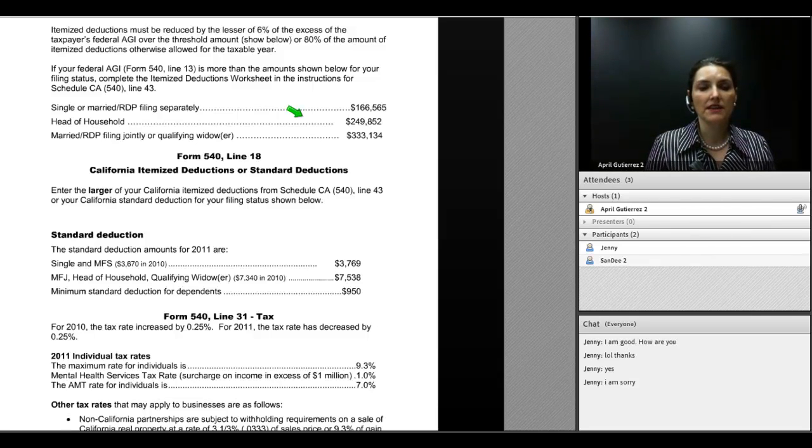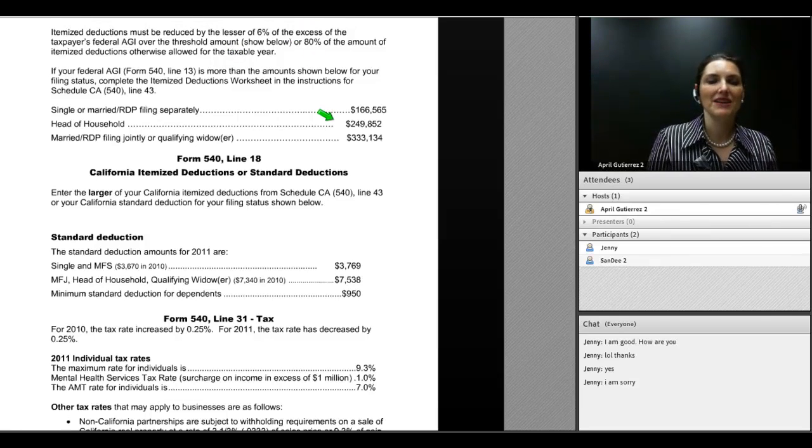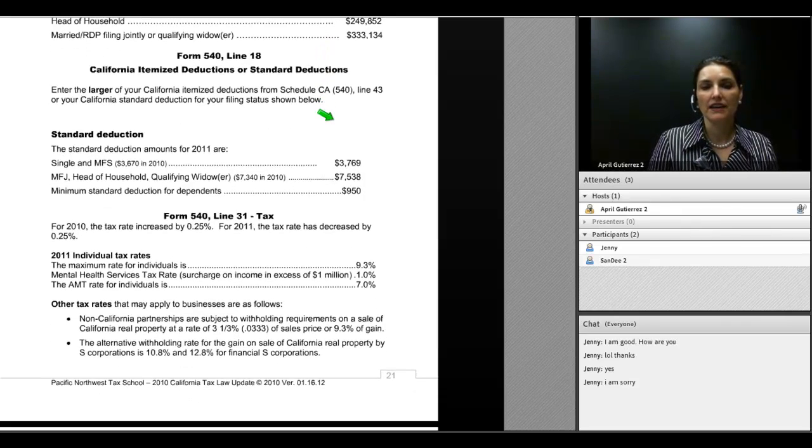If your income exceeds the amount shown here for your filing status, then your deduction will phase out at a rate of 6%, but at a minimum you will always be allowed to claim 20% of your itemized deductions. So your deductions are limited to the lesser of 6% of the amount by which your income exceeds the threshold amount for your filing status, or 80% of your itemized deductions.